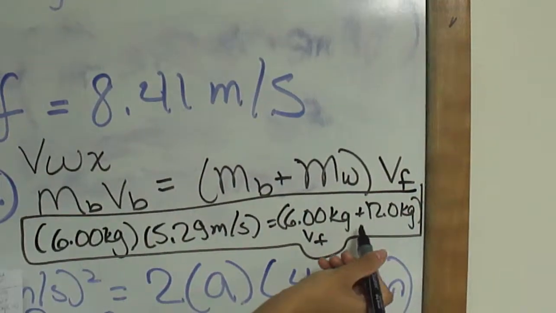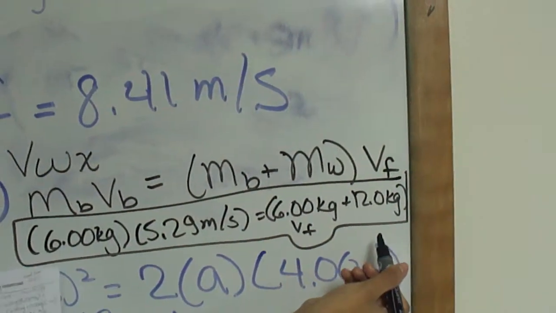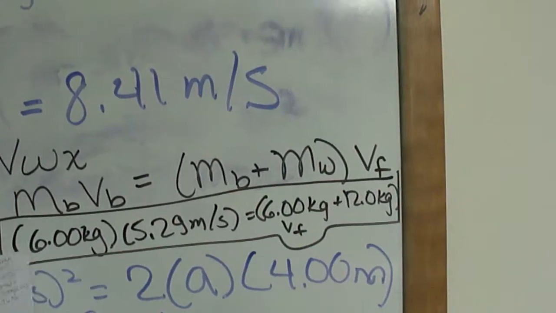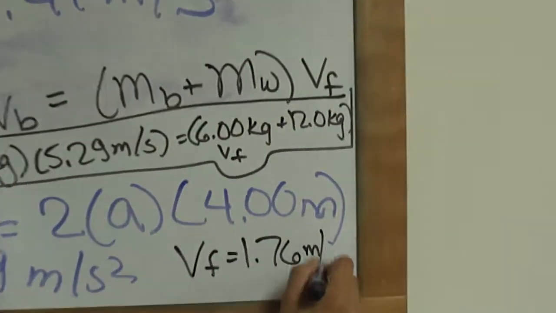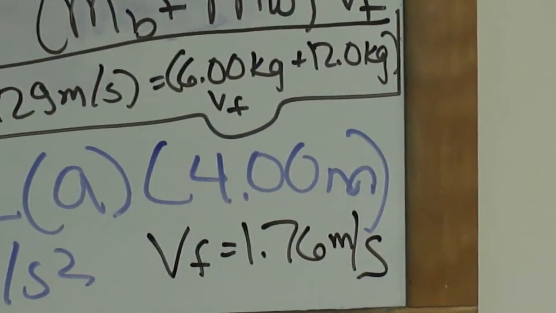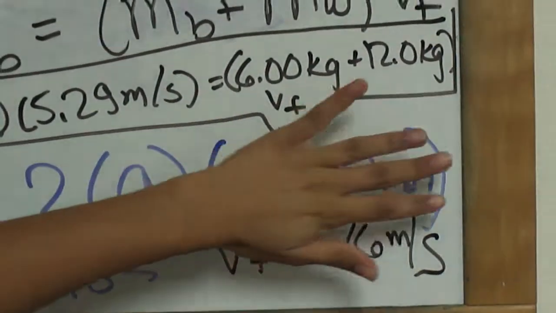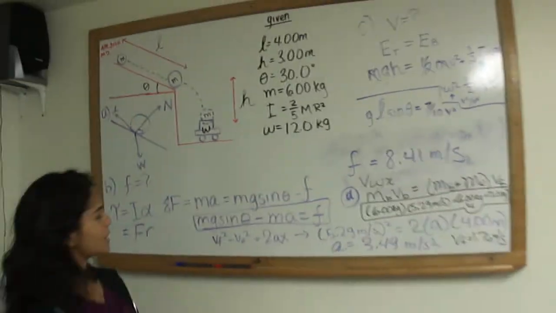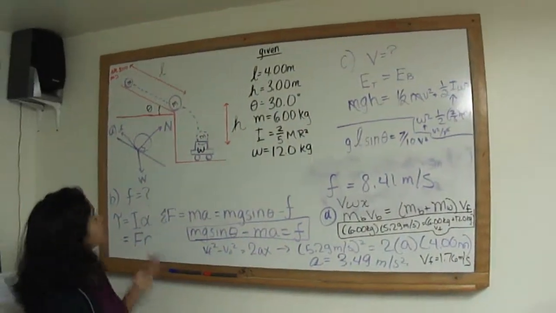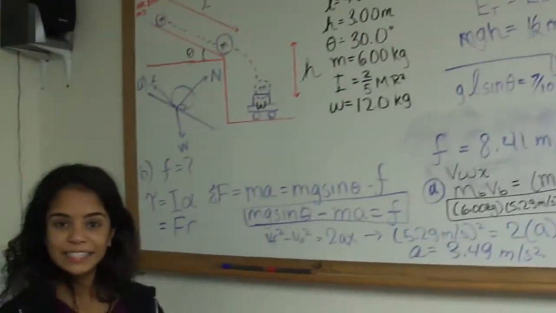If you divide both sides by 18 kilograms, you will get that V final equals 1.76 meters per second. Though it's a little bit messy, we have successfully completed this free response. Thank you.